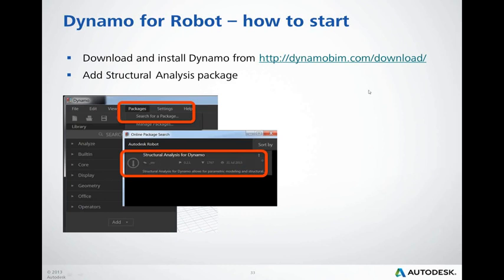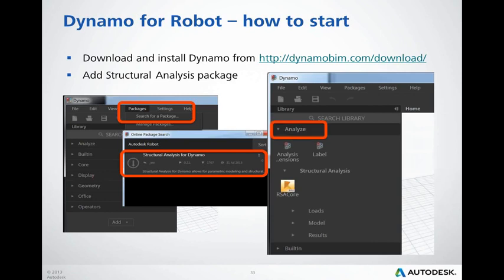After this procedure, we can see an additional item in the library under the branch of Analyze. We can find the Robot Structural Analysis, where we can see the loads, model, results, so we can access built data using these items.